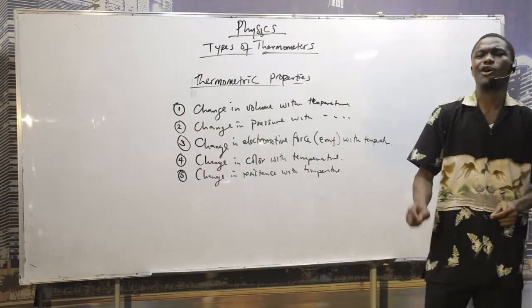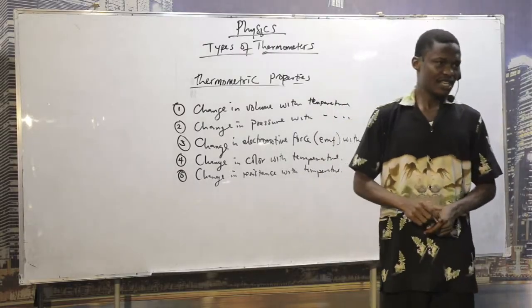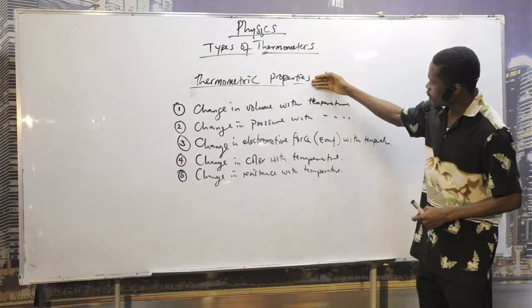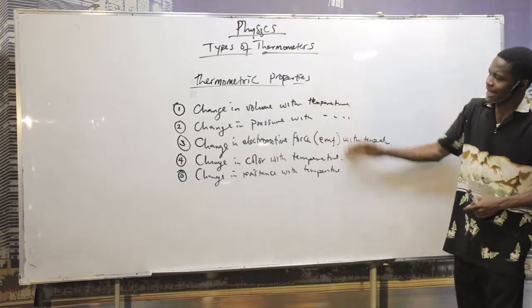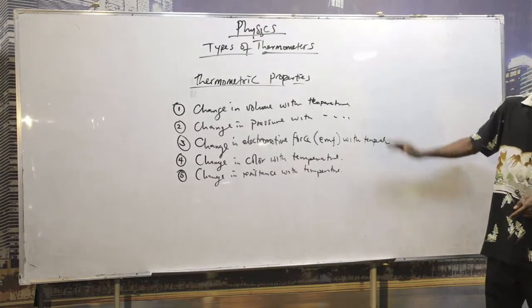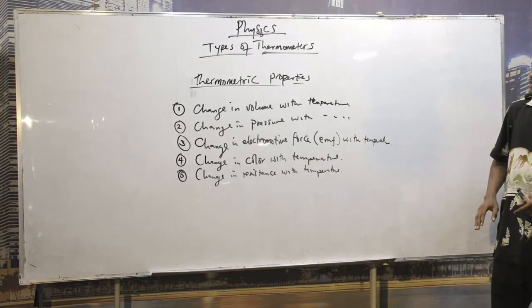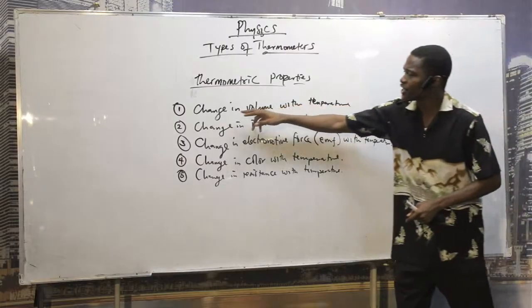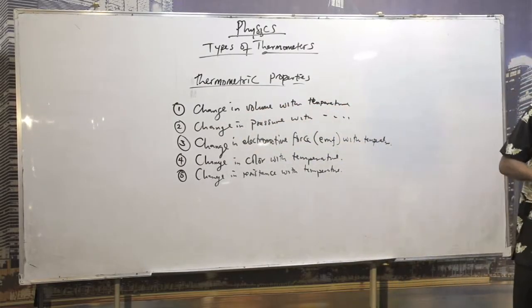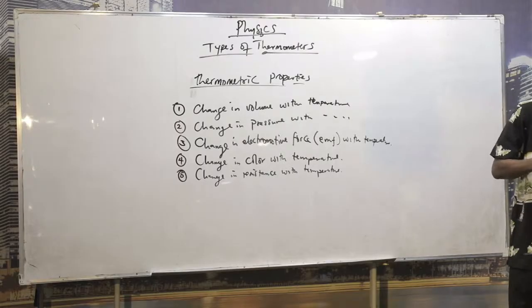Anything you can think of depends on temperature. And some of the properties that are used by thermometers are listed here. These are the most common ones that you need to know. For example, change in volume with changing temperature. Normally the volume of a substance will change whenever the temperature changes.